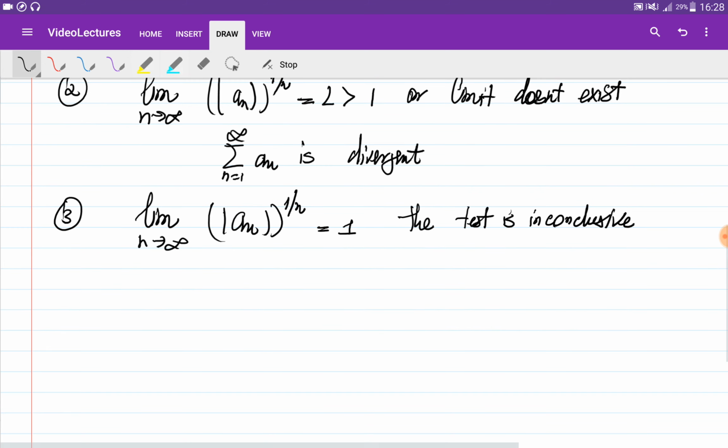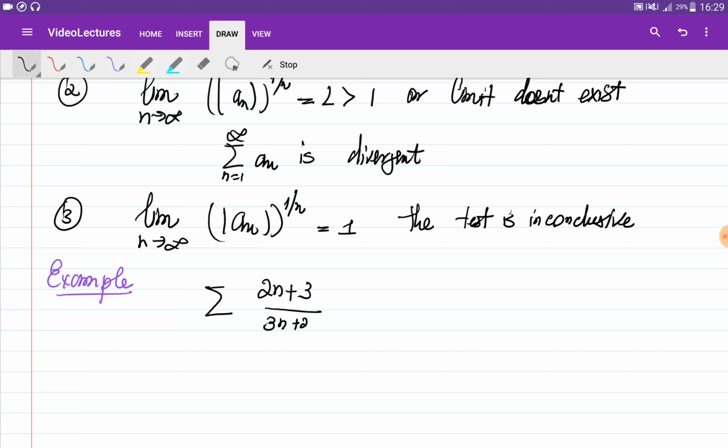Okay, so let us check this for the following series. We're given an example. Our series is the sum of (7n plus 3) divided by (3n plus 2), all to the power of n, with n going from 1 to infinity. We can write down a couple of first terms of the series.